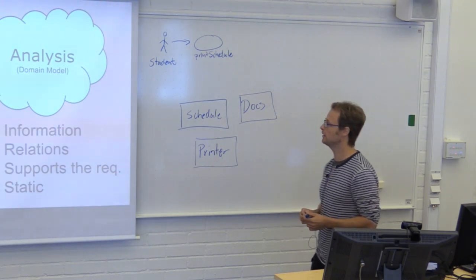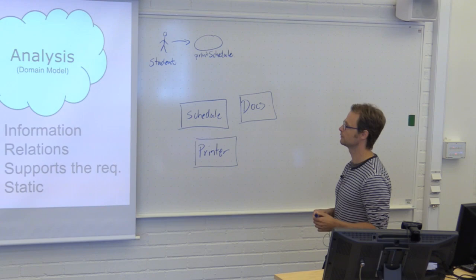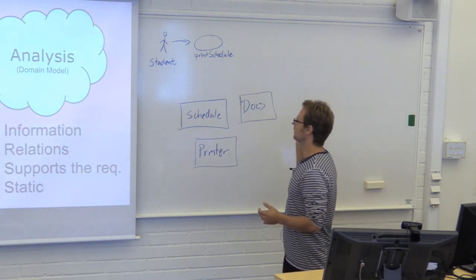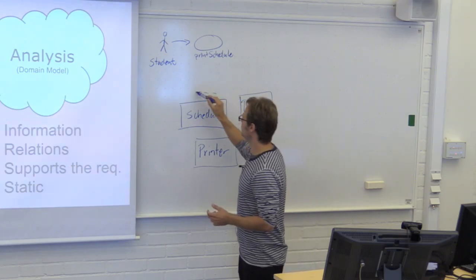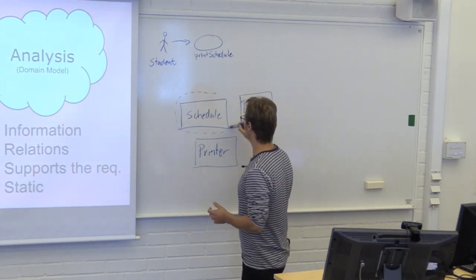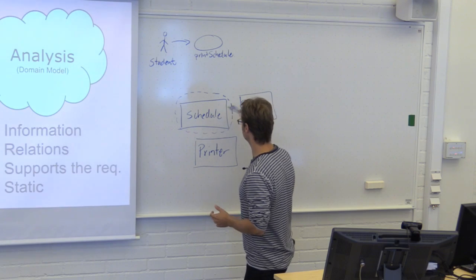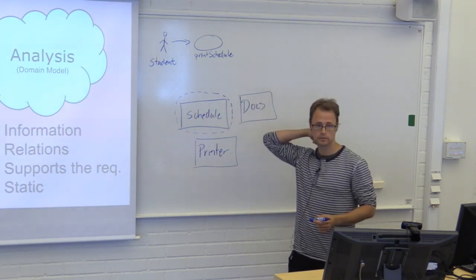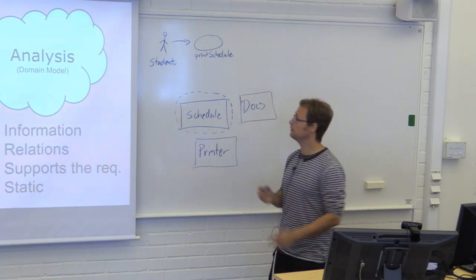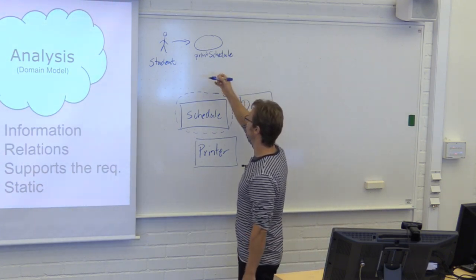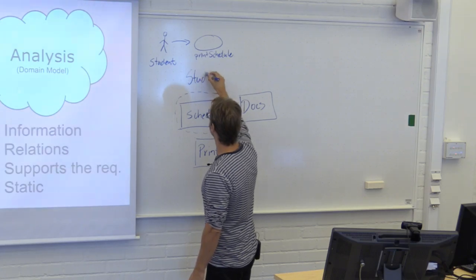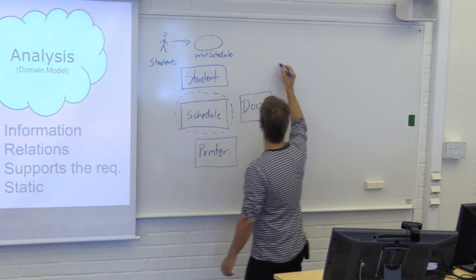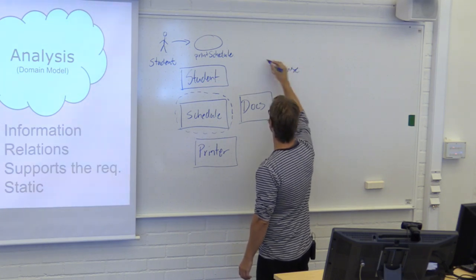So, okay, let's think like this. In order to know what information to put in this document that we send to the printer, what do we need to know? Which course? Exactly. We need to know which course a student attends. Student, course.